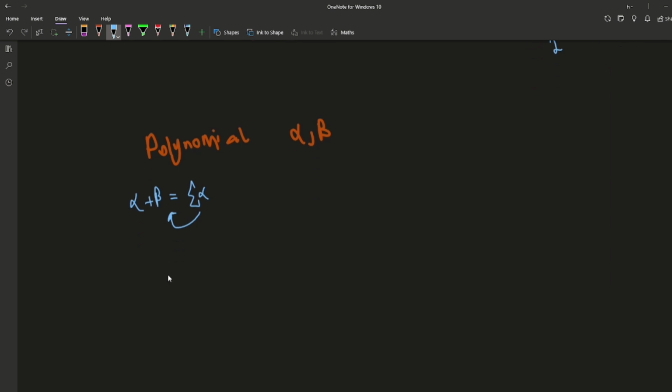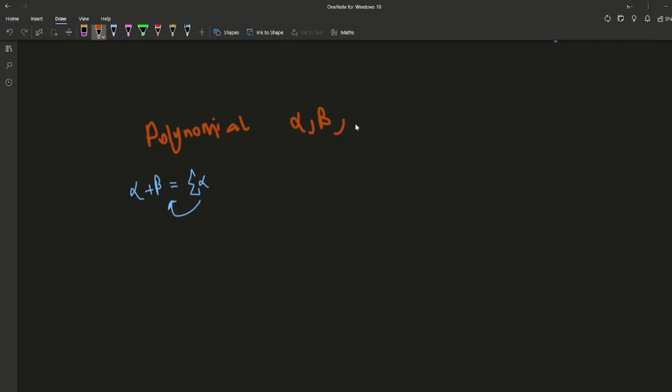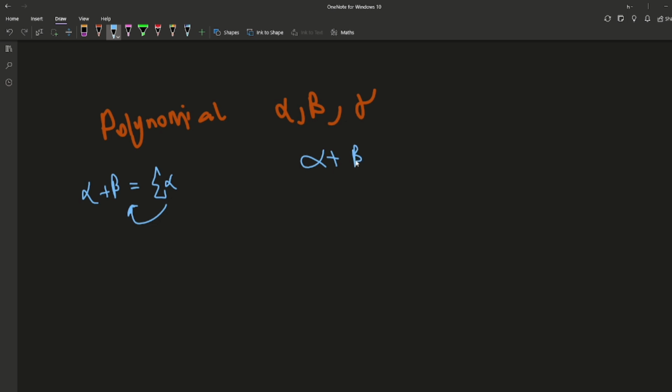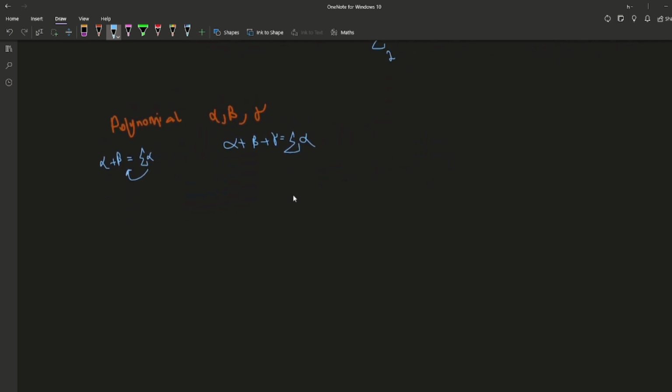If we have a polynomial with three roots, alpha, beta, and gamma, we can write alpha plus beta plus gamma. This is basically the summation of alpha, sigma alpha.